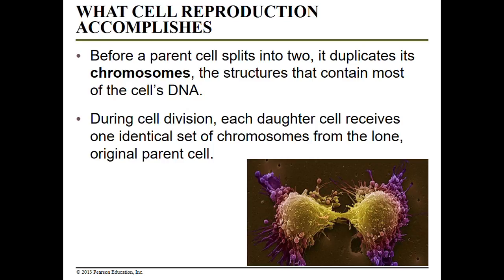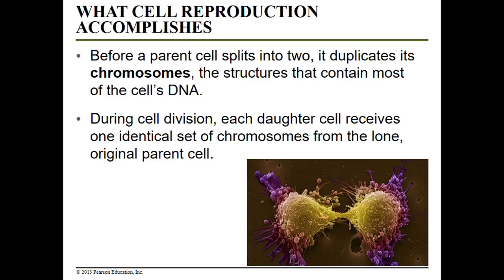So how does that happen? To get DNA to both daughter cells, we have to go through a process of multiplying DNA by 2 and giving half to each cell. How they do that is by duplicating their chromosomes. Chromosomes are little DNA structures that are thick and condensed versions of genes, and it makes it easier to separate them into each new cell.